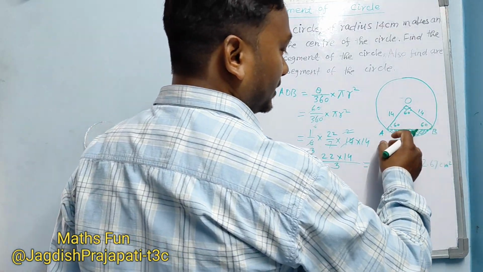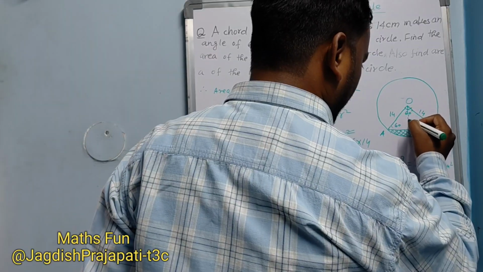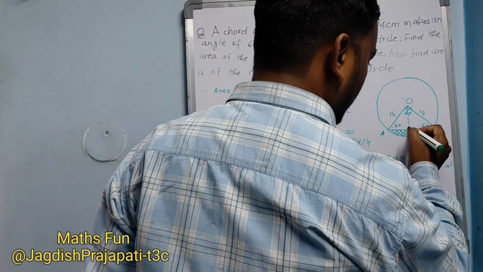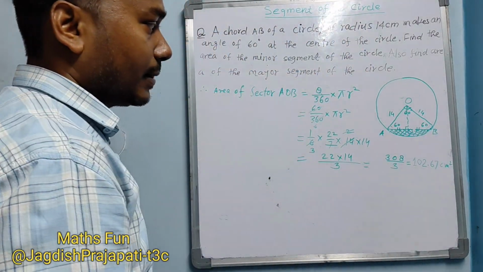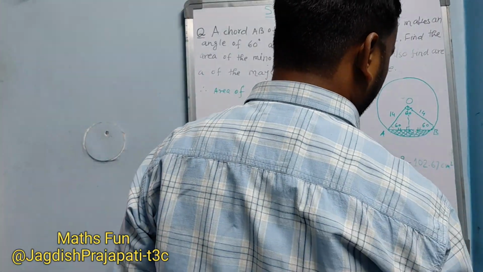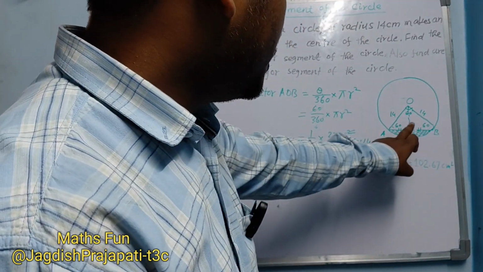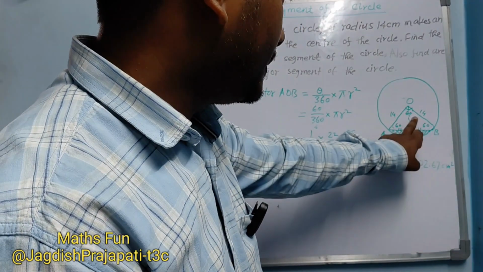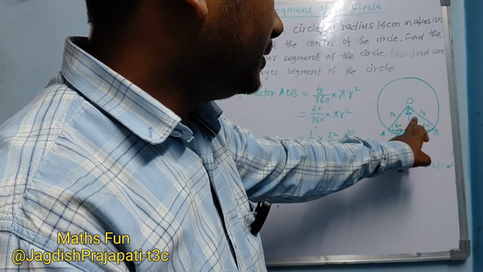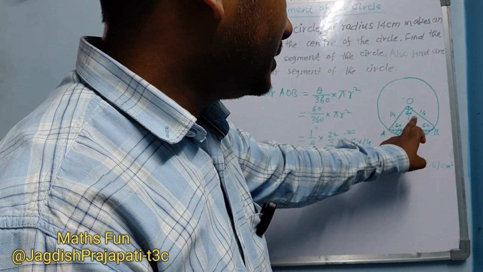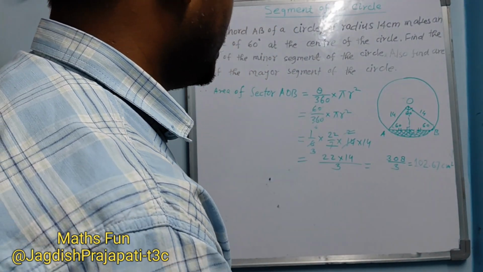Since base we know, this is 14 centimeter, and if we draw a perpendicular on this opposite side, then this segment will be equal and this will be perpendicular. So we need this one. This is the perpendicular, and this is the known hypotenuse.